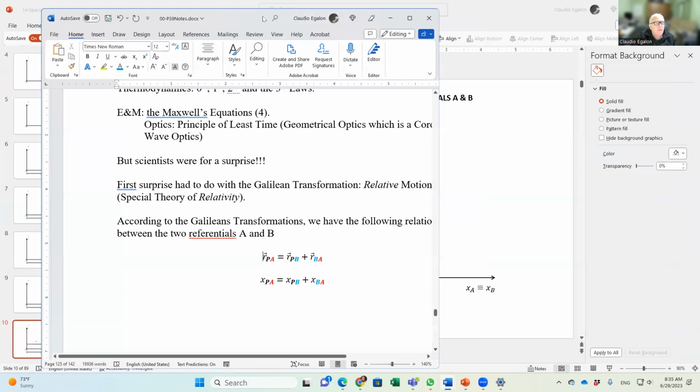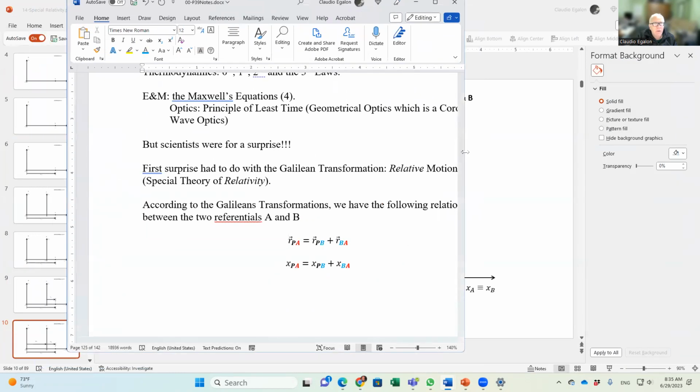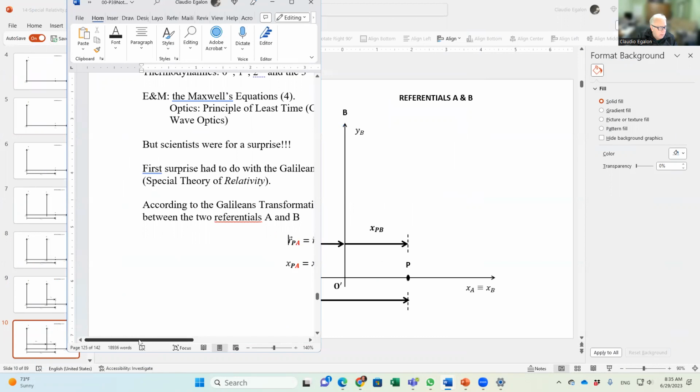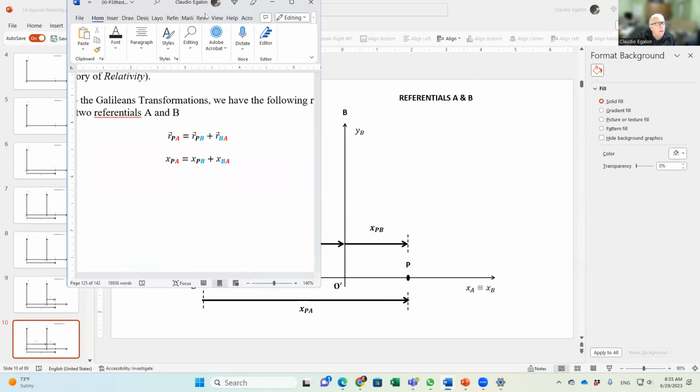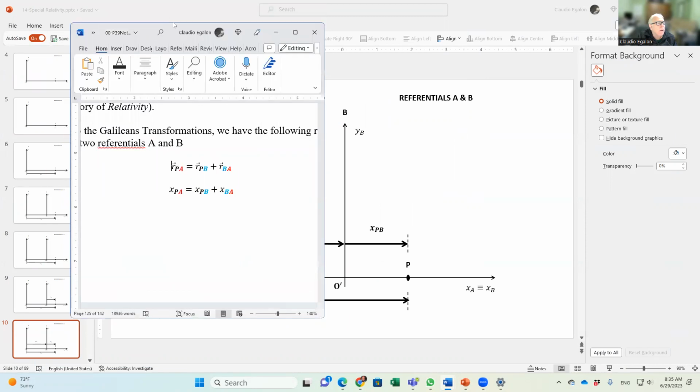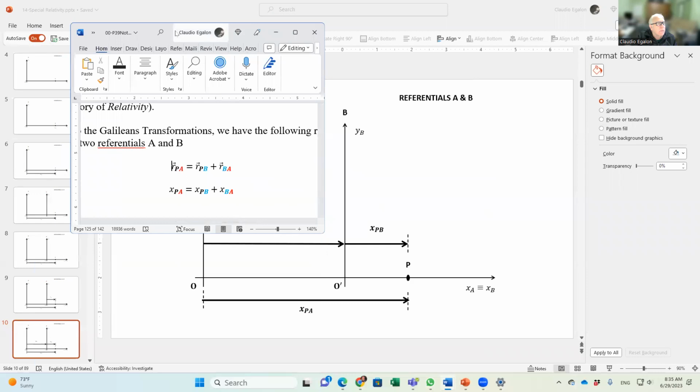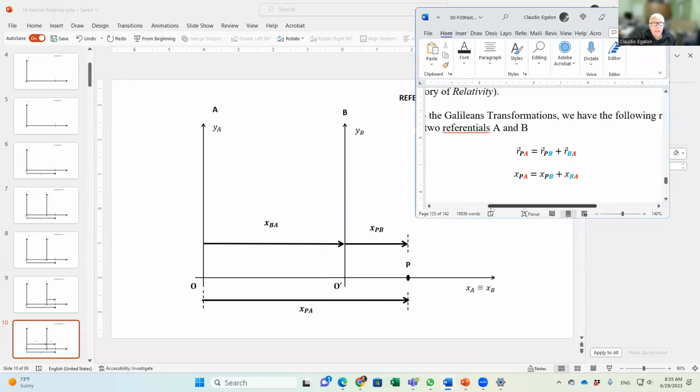And let's see if this notation is exactly what is illustrated there. That's okay. X of P with respect to A is X of P with respect to B plus X of B with respect to A.